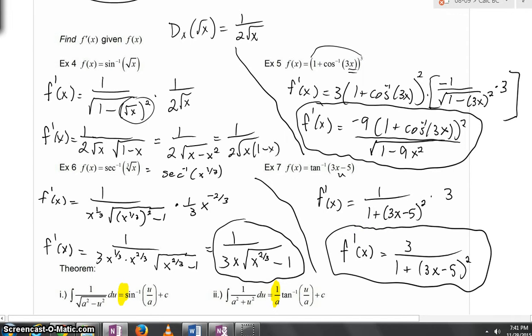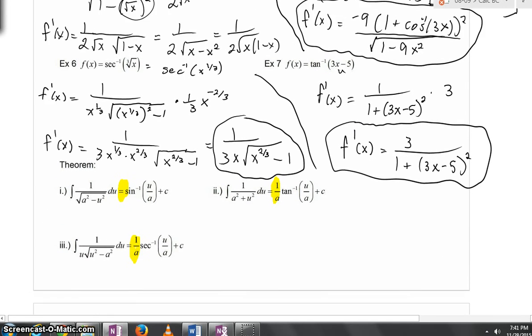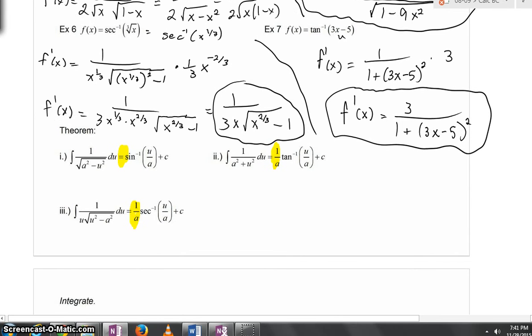Of course, after reviewing some derivatives, you might wonder if we're also going to have integrals. And indeed we are. In all truth, we're really going to narrow our focus to just these 3 theorems right here. If I gave you the integral of 1 over radical a squared minus u squared, that will simply be inverse sine of u over a plus c.